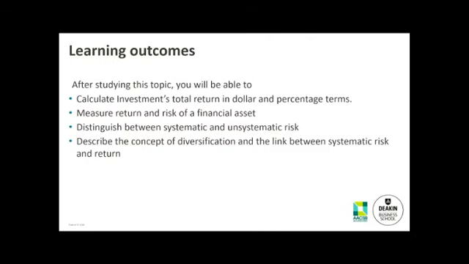Why do we need to learn how to distinguish this kind of risk? Why is it so important for you to know the differences? Finally, you will be able to describe the concept of diversification and why it is so important. Up to this stage, any questions? Okay.